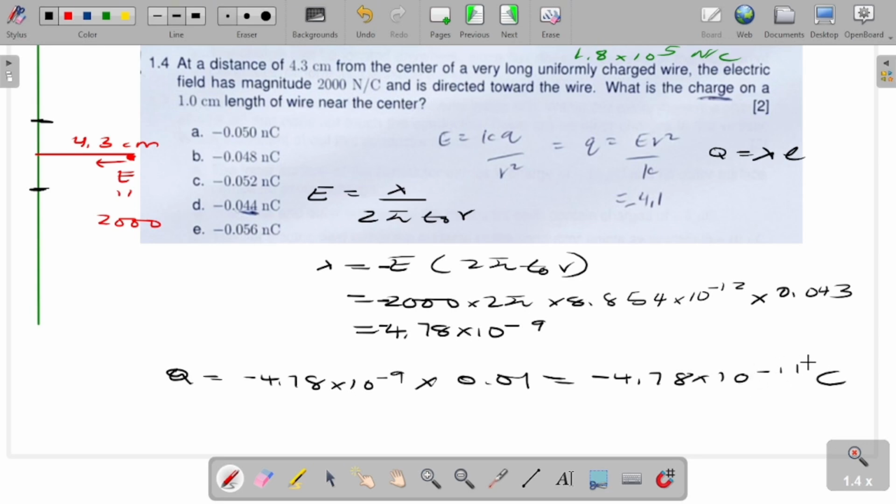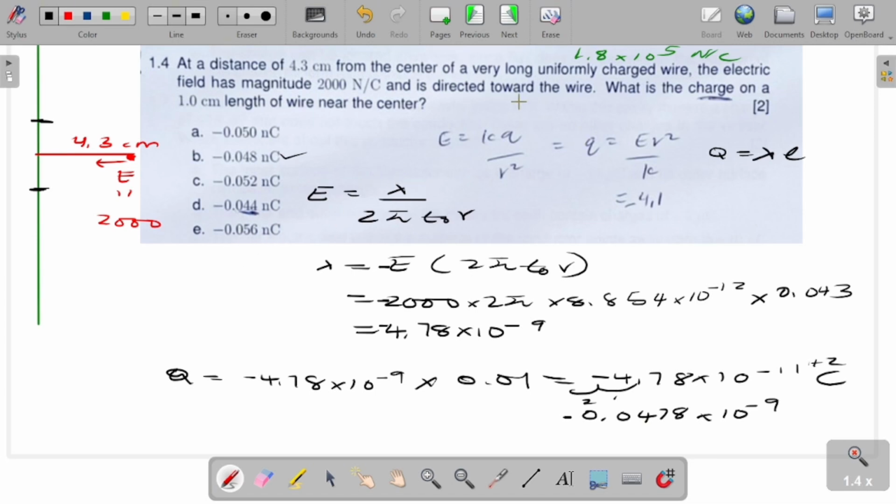That means we add 2, therefore we go backwards twice. 0.0478 times 10 to the negative 9. We added 9, we added 2, we went backwards twice. So our value corresponds to about 0.048.